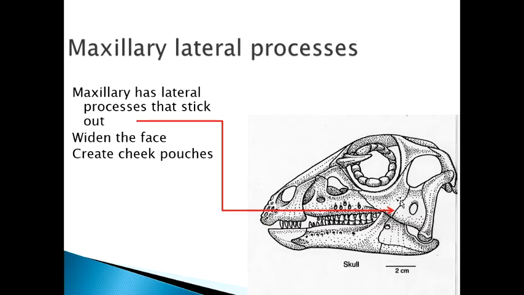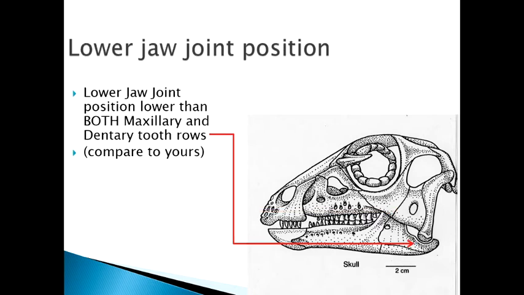There are these lateral processes that stick out, so the face has some sort of extensions of bone. It widens the face, it creates cheek pouches, which we've talked about before for the inset tooth row. And then another interesting thing here is that the jaw joint, where the dentary or the lower jaw touches the skull, is below the level of both of these tooth rows.